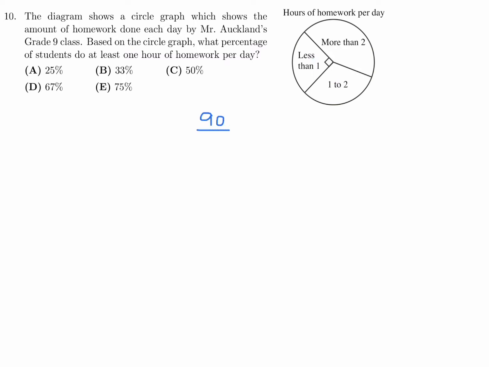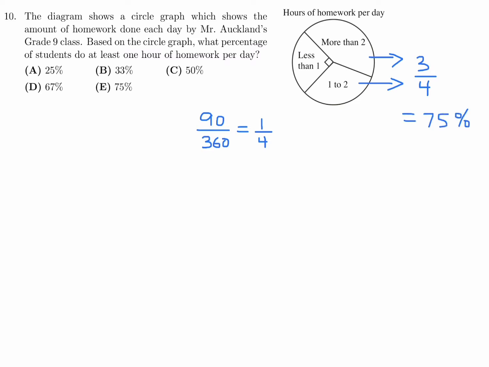So 90 divided by 360 is the fraction of this segment of the graph, and that is 1/4. So that means that this part of the graph is the other 3/4. And 3/4 is, in terms of a percentage, 75%.